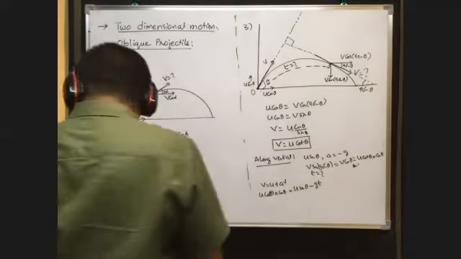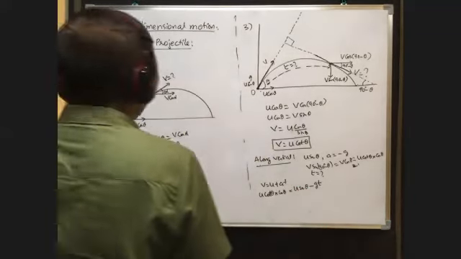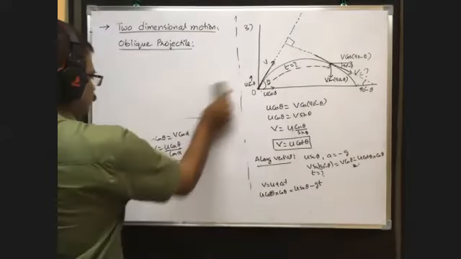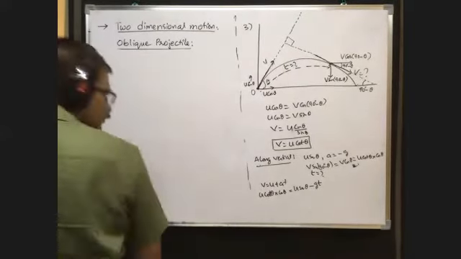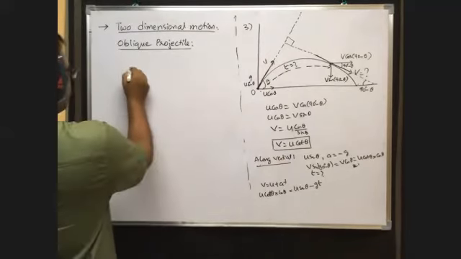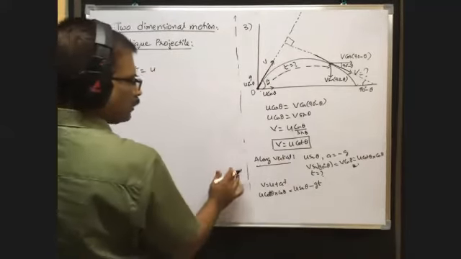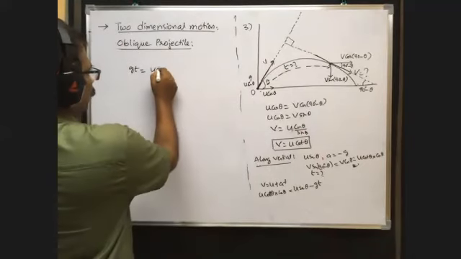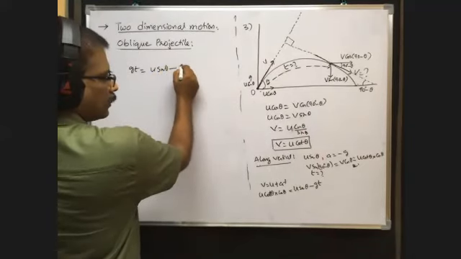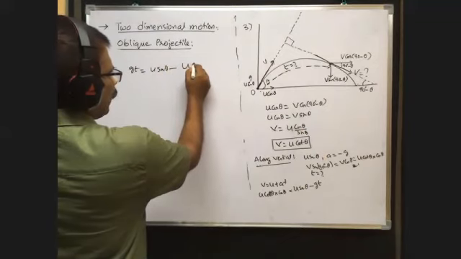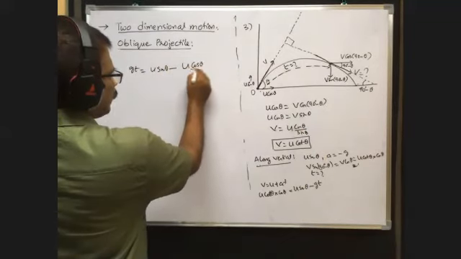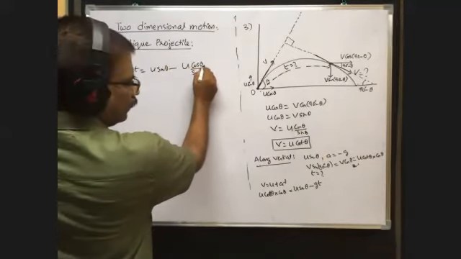Therefore, from this, gt, you bring this gt towards left and remaining you write right: u sin theta minus u cot theta into cos theta. Cot theta can be written as cos theta by sin theta.